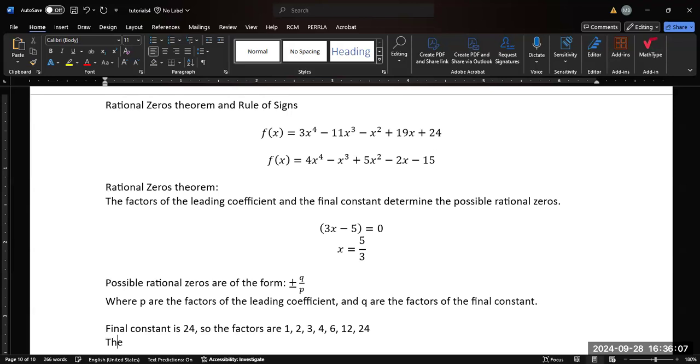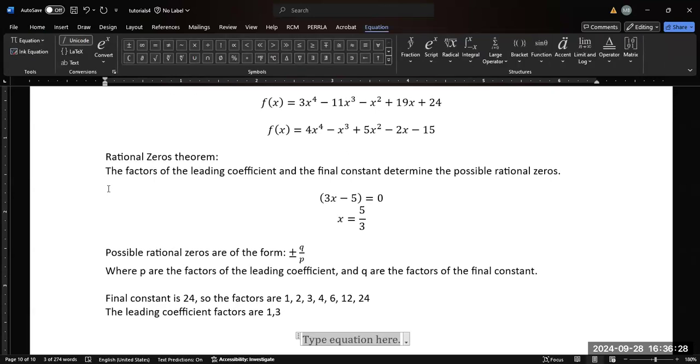And the leading coefficient factors are 1 and 3.